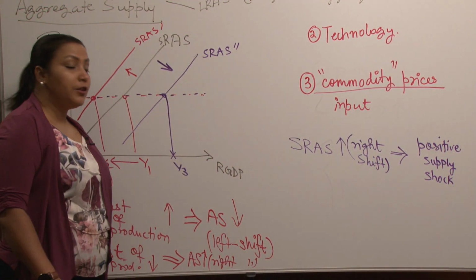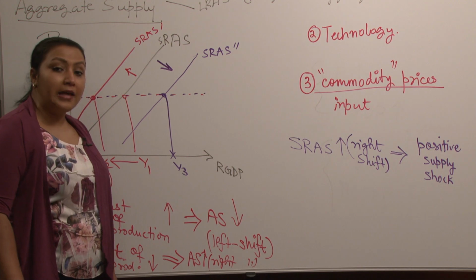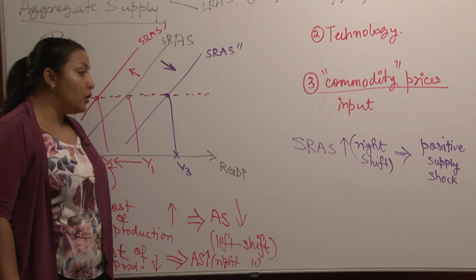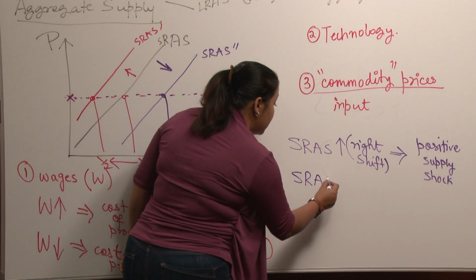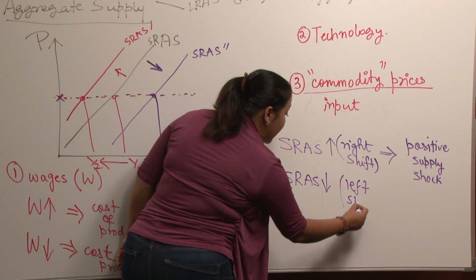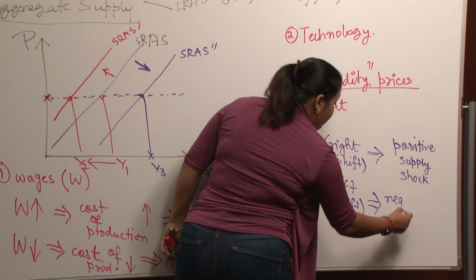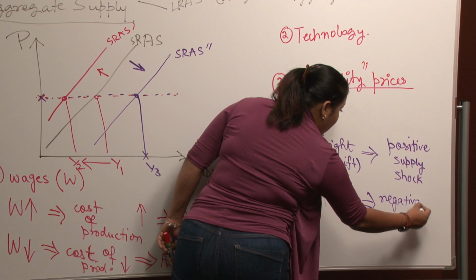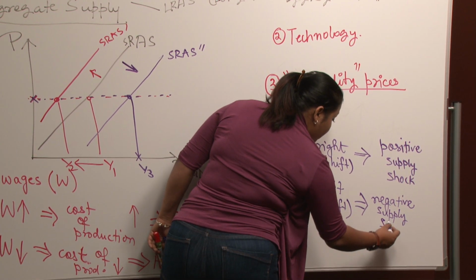A right shift of the AD is called the positive demand shock. A right shift of SRAS is called a positive supply shock. Similarly, if the short run aggregate supply decreases such that you see a left shift of that curve, then that is called a negative supply shock.